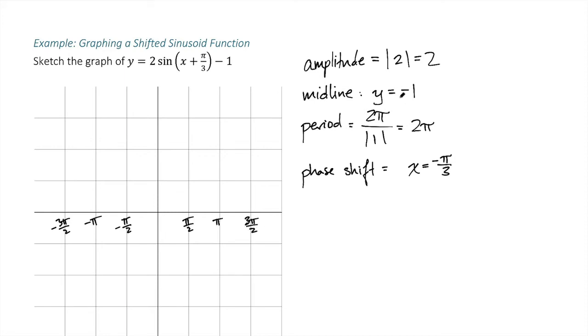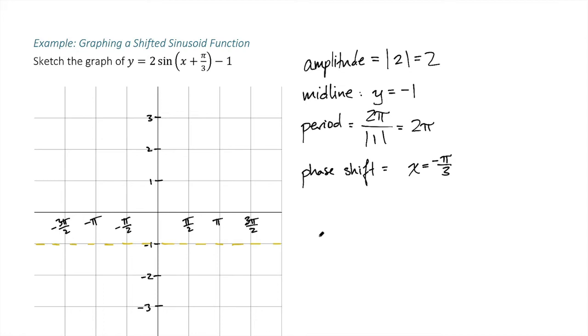The midline is y equals negative 1. I'll go ahead and make each of these squares just 1 in the vertical direction. And so our midline, I'll go ahead and do that in a different color so we don't confuse it with the actual graph. So there's our midline.